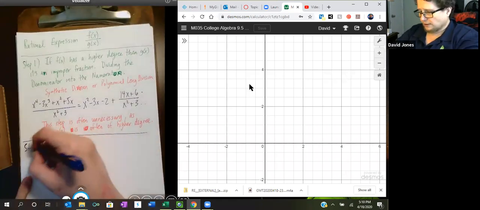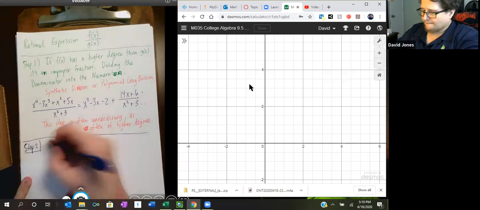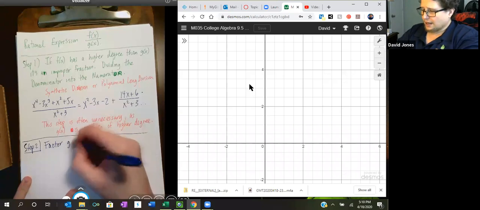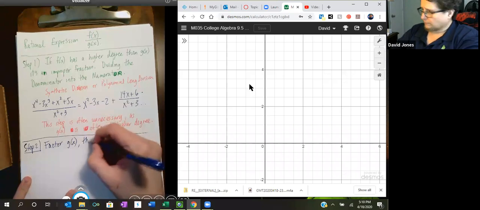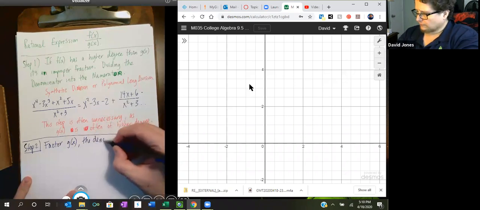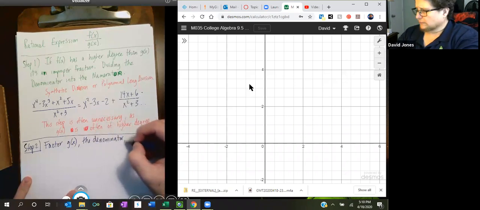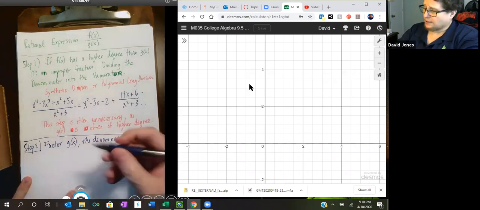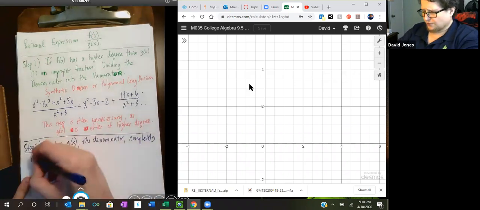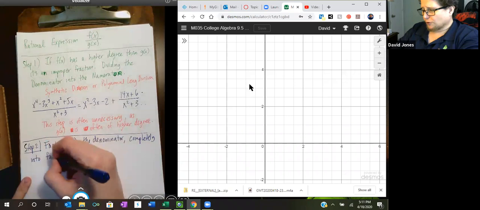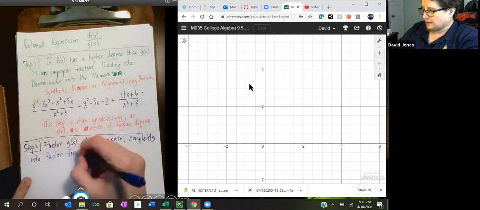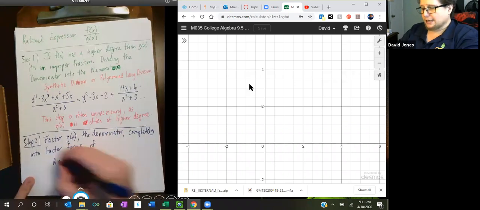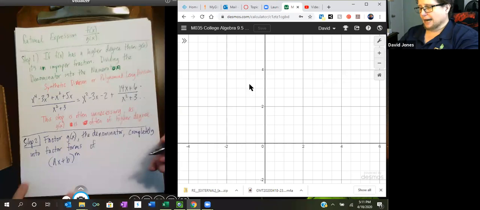So after this, this is where it really starts. Step 2. Factor g of x, the denominator, completely into factor forms of ax plus b up to some power.